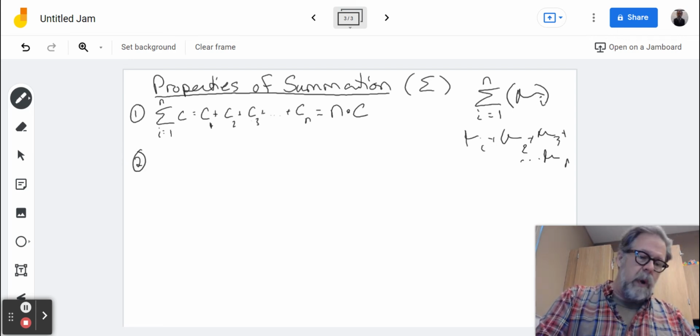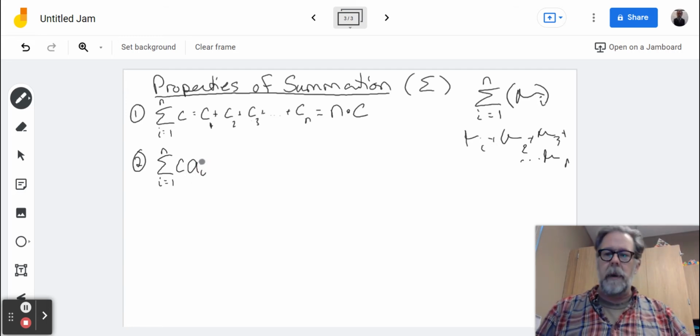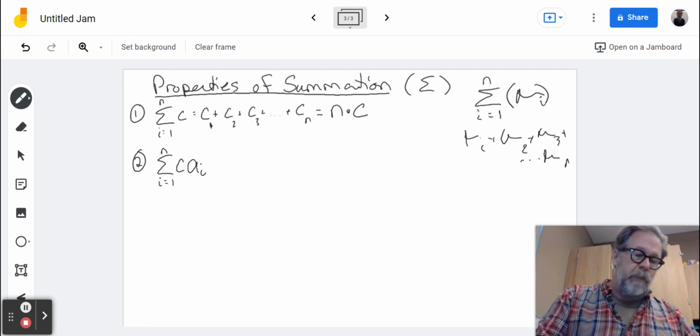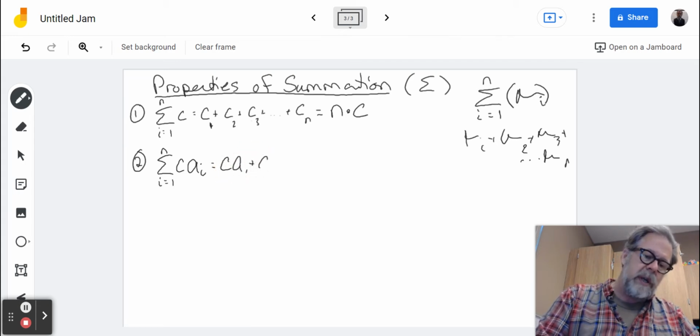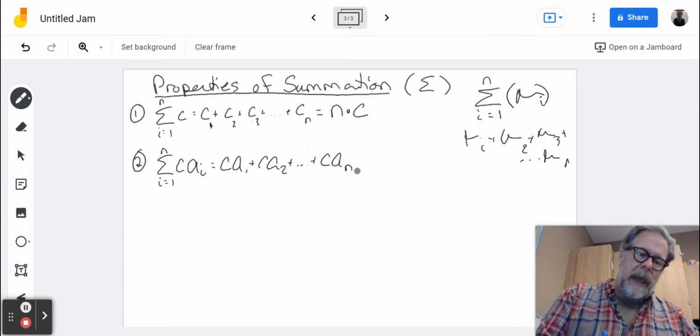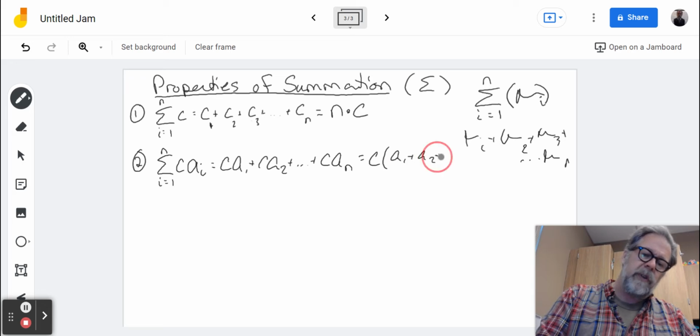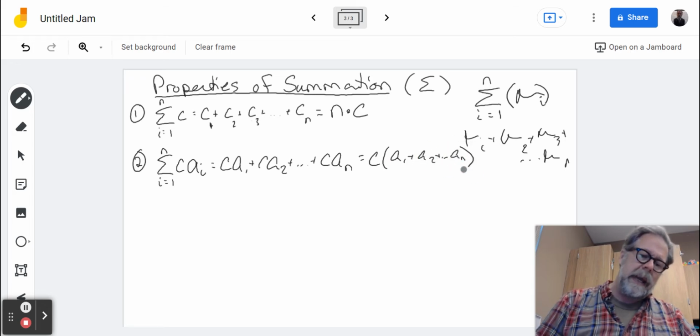Secondly, let's look at what happens if I am adding up all of the values of some function that is a constant times a bunch of numbers. So again, we've got C times A1 plus C times A2 plus ... all the way to C times An. And we can factor out all the values of C, and we get A1 plus A2 plus ... all the way to An.